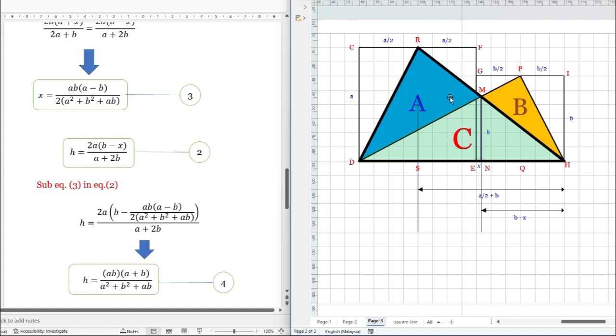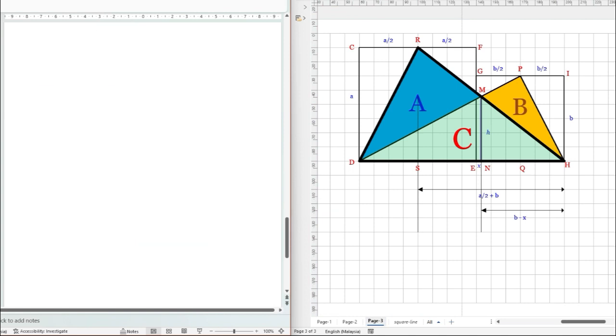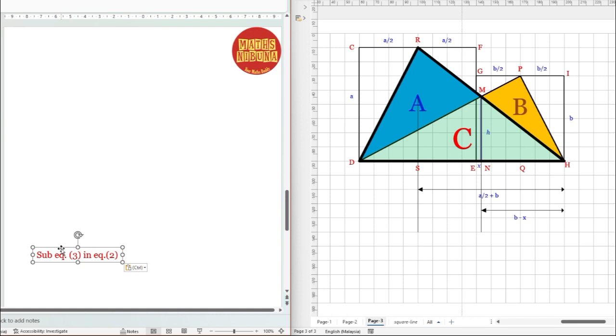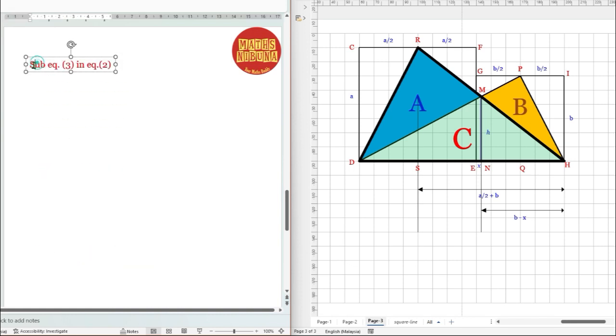From now I can say that the big triangle DRH is actually equal to C plus A. Correct? DRH equals C plus A. So now what is DRH?